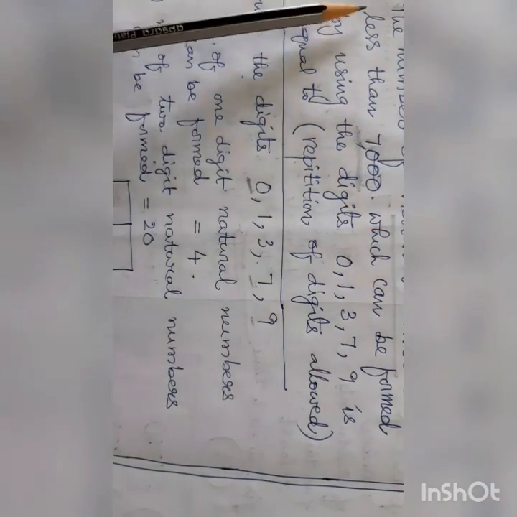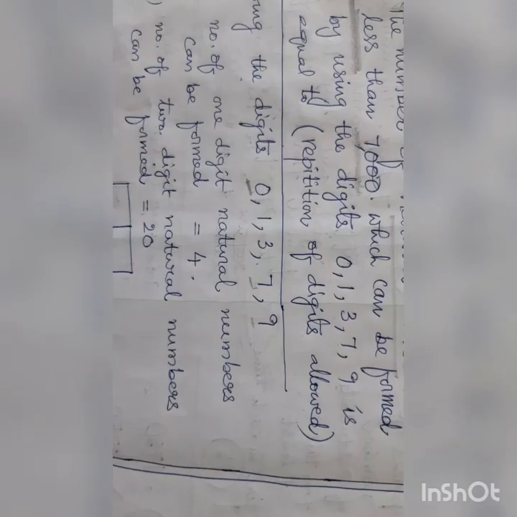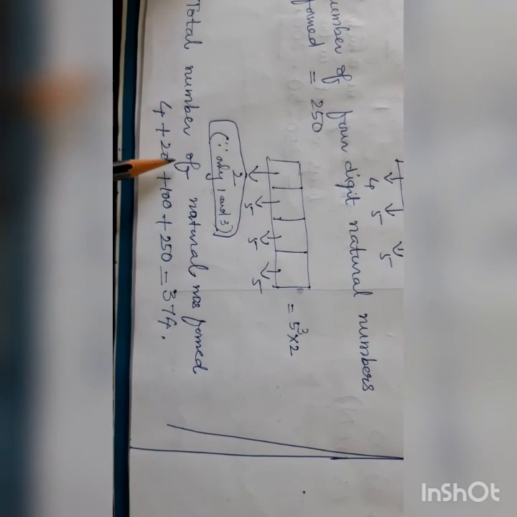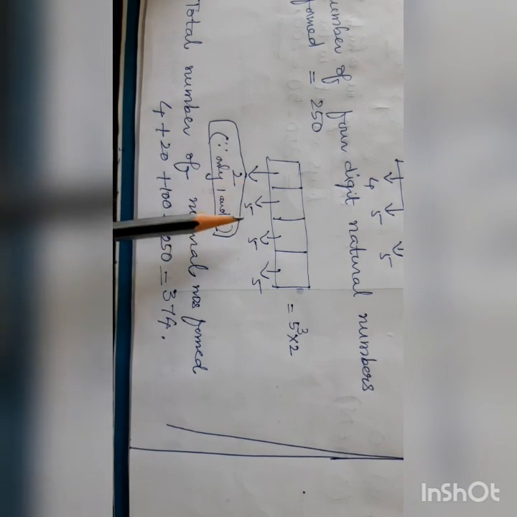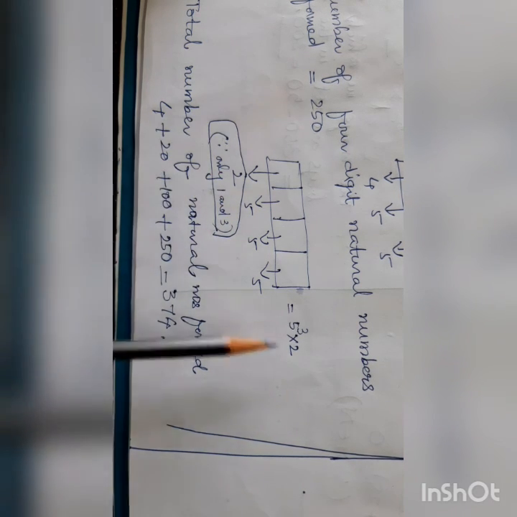We have to get natural numbers less than 7,000, so we keep only 1 and 3. Here only 2 ways. 5 into 5 into 5 is 125, times 2 is 250.